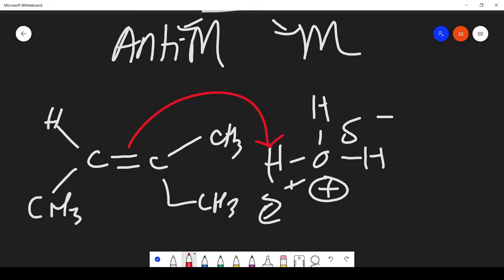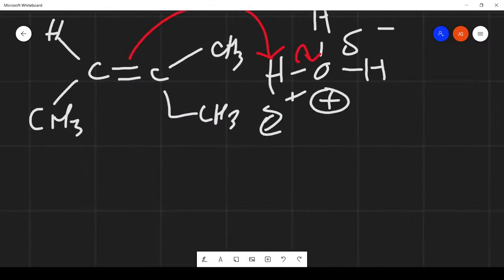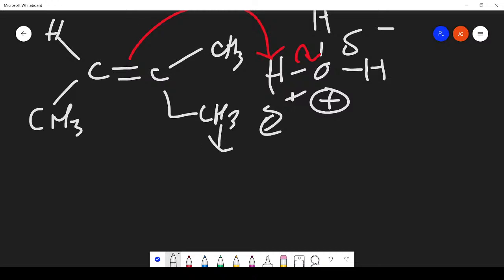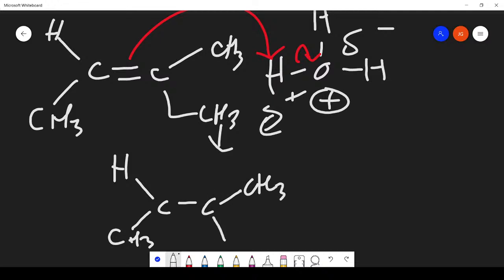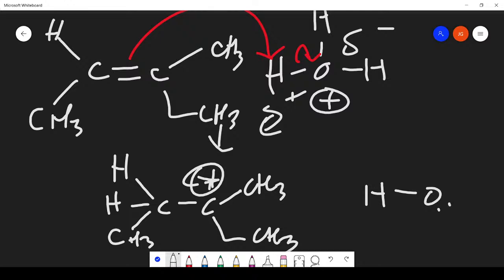Right? So we're going to attack this hydrogen, and what we're going to end up with is CH3. The hydrogen will be on this side because you want the positive charge on a carbocation, and we end up with our good old friend.